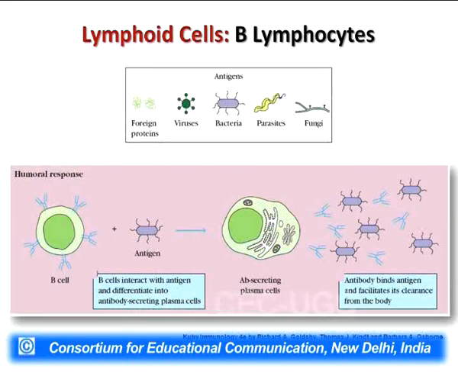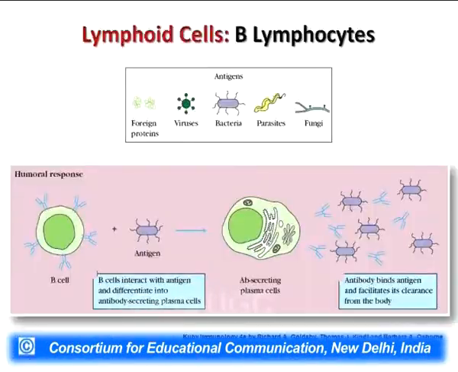Now how exactly do the B lymphocytes function? As soon as an antigen invades our body, which may be a foreign protein, virus, bacteria, parasite or fungi, these B lymphocytes which are circulating within the blood circulation or the lymphatic vessels immediately recognize these antigens, and they go into a division process where the effector and the plasma cells are formed.